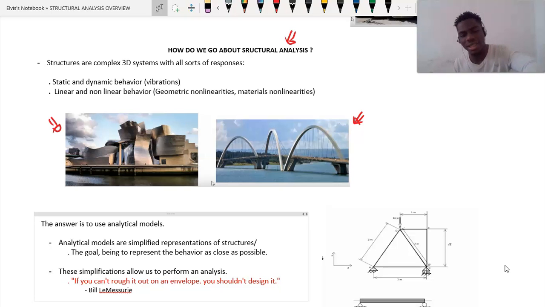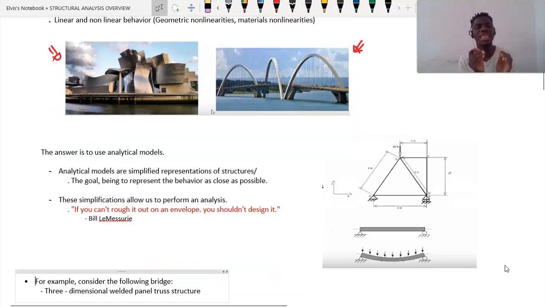The answer is to use analytical models. We don't just take a structure, break it down and analyze every single material in it. No, we don't do that. What we do is make an assumption of how this structure is going to react when we apply environmental load on it. After making this assumption, we make an analytical model that represents this structure.